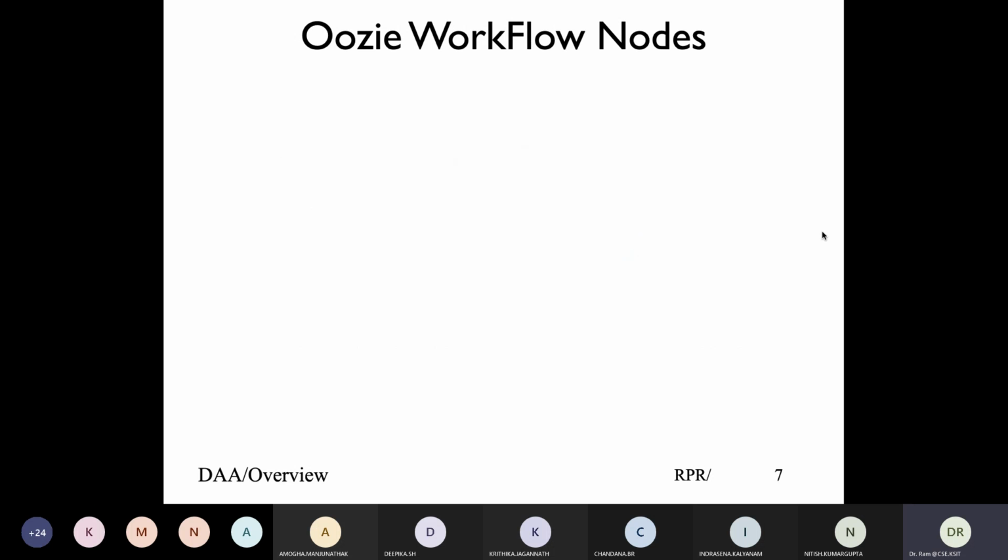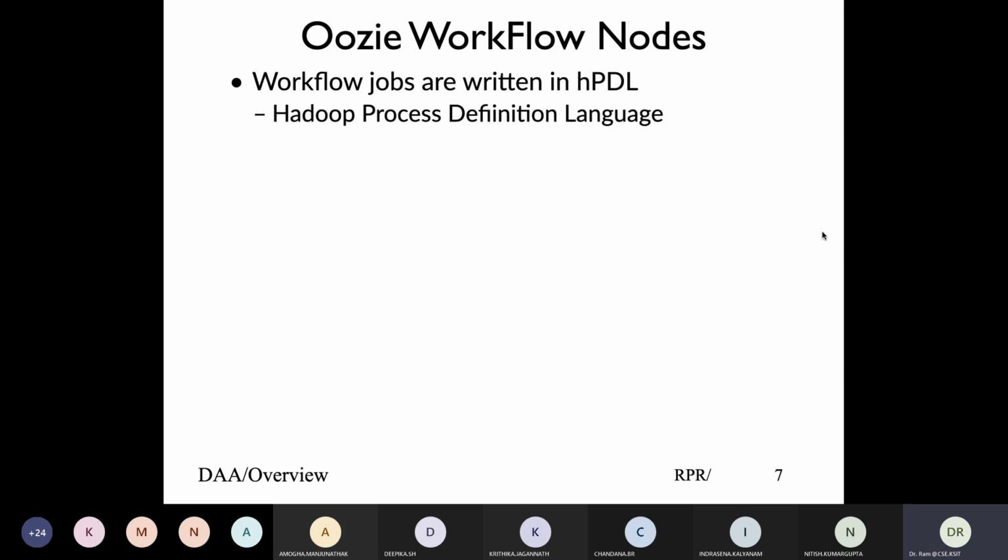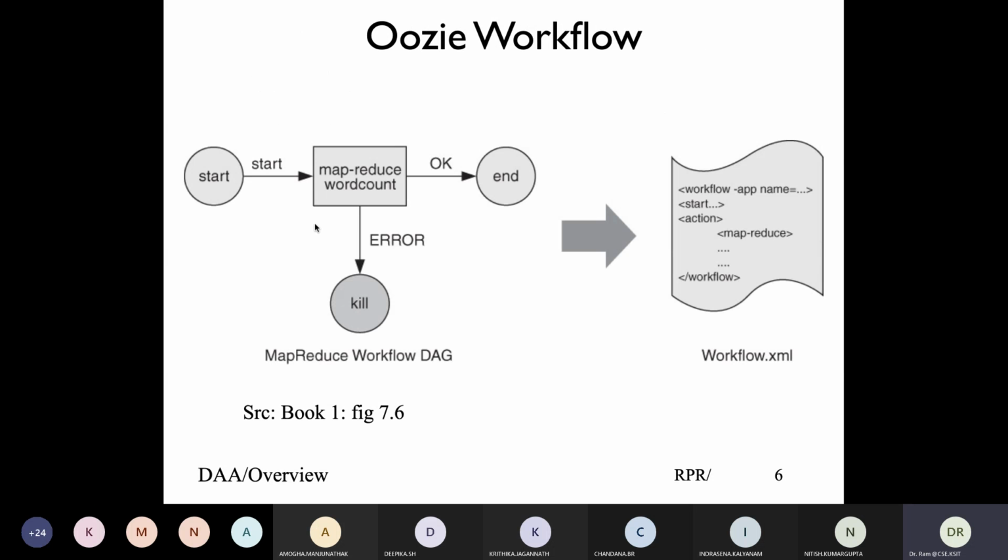We said everything has to be defined through configuration files. So basically you define workflow jobs through a language they call hPDL, Hadoop Process Definition Language. It follows the XML syntax. And if you look at the data flow, we have a graph with a start node, map reduce node, end node, kill node, and so on and so forth.